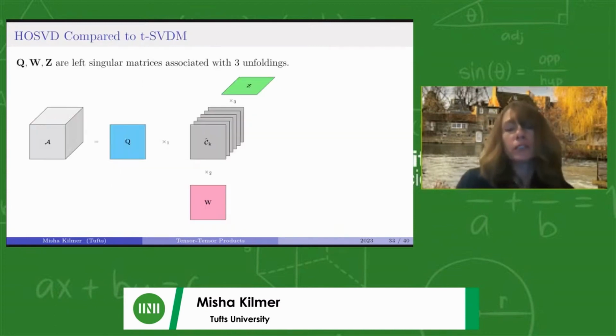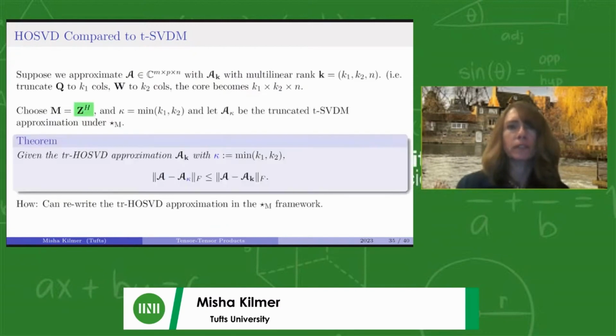There are relationships that we can draw between the higher order SVD and our tensor decomposition, for example. So this is an HOSVD, full HOSVD of a tensor A. This third factor matrix Z is what's going to be important. It's an n by n orthogonal matrix.